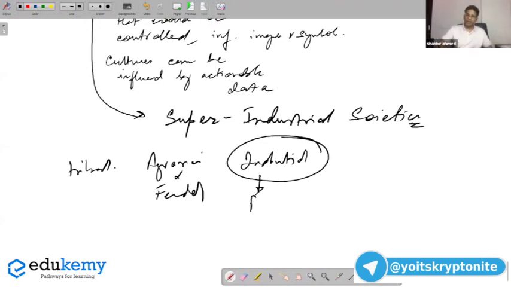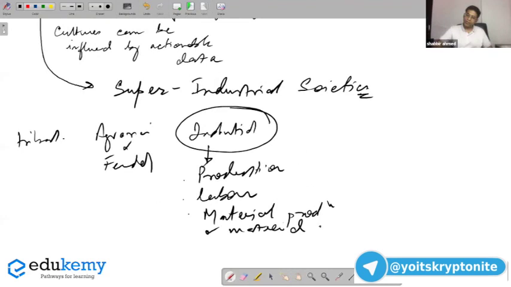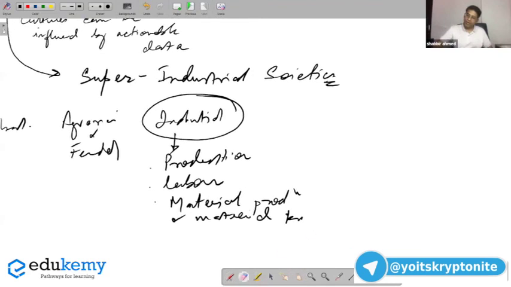Industrial were production based, labor based. Industrial societies were based on what's called material production and material economy.